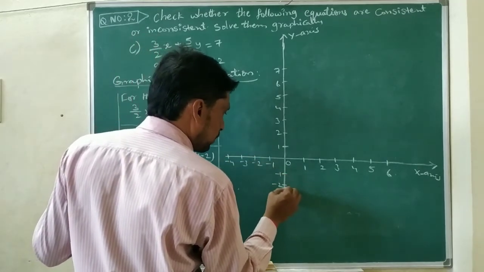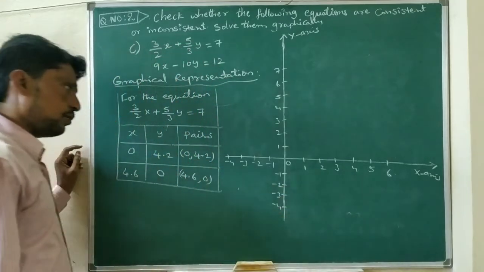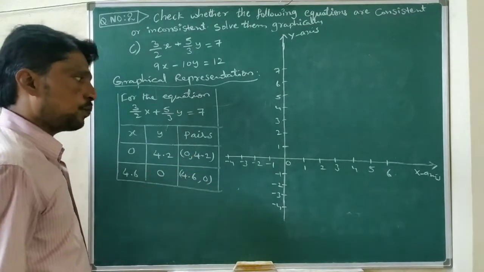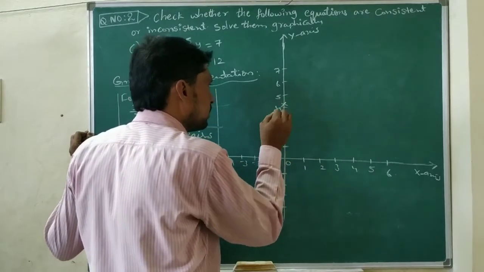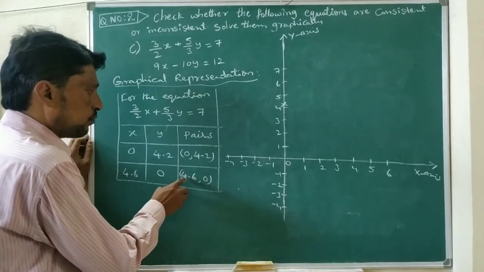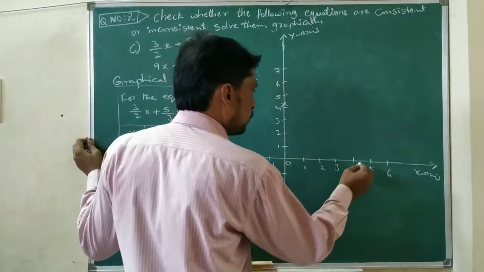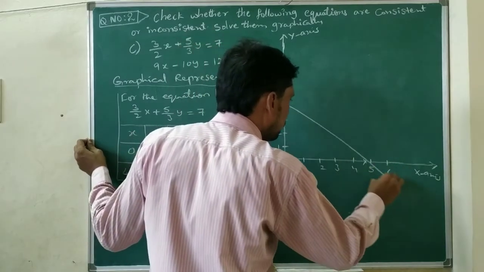Now plot the points. The first point is (0, 4.2), which we get here. The next one is (4.6, 0), which we get here. So join the points.